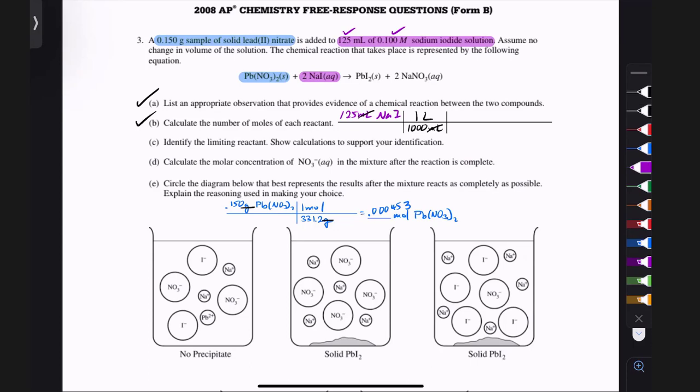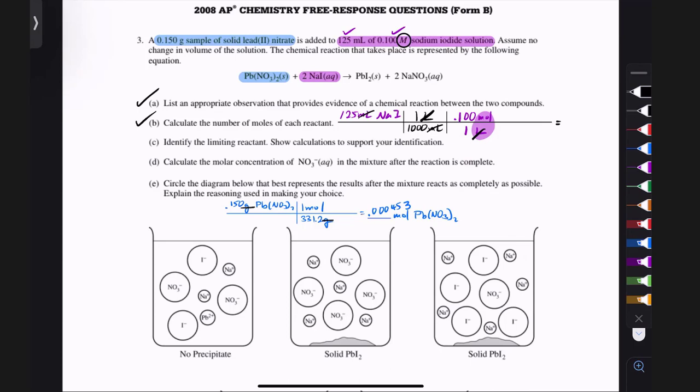Now let's go to the molarity. Molarity is 0.10 moles per liter. That is the definition of molarity, moles over liters. So I can arrange it this way, which allows me to get rid of the liters. As a result, that should give me the number of moles of sodium iodide.